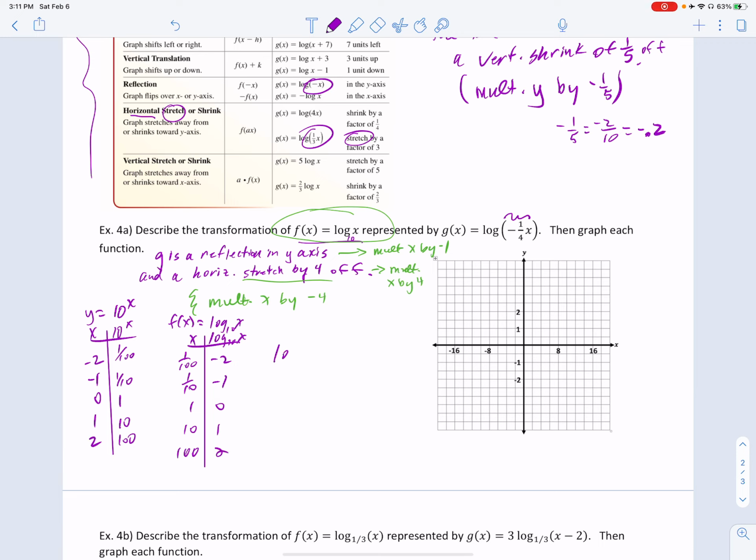Log base 10 of 1/100th is the same as log base 10 of 10 to the -2nd, and when these match, the answer is just that exponent. But I can just take these points on 10 to the x and switch them and get points on log base 10 of x, which I like to do.